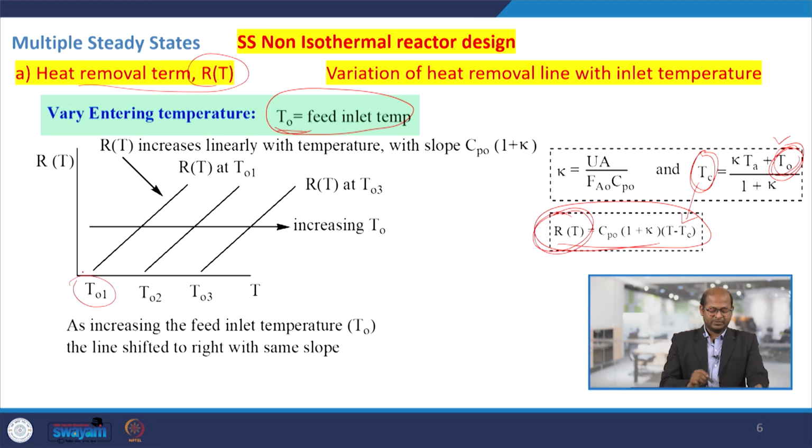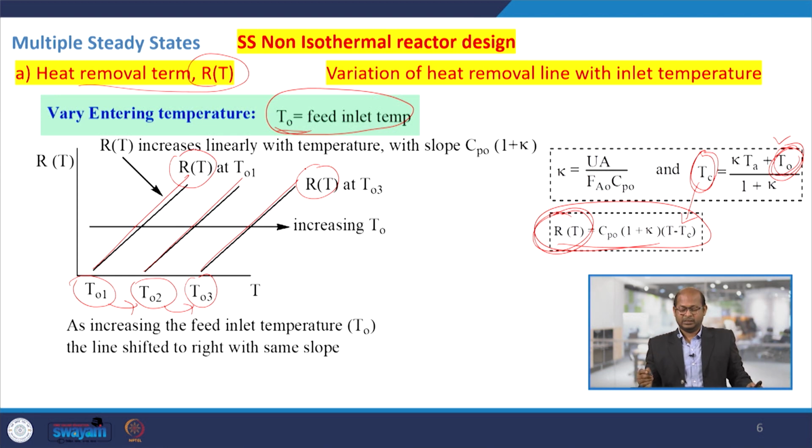So, let us say we started at this temperature, then the heat removal equation would be like this. Once we change the feed inlet temperature from T01 to T02, these lines will shift like this. Similarly, if we increase further to T03, the heat removal line would shift here. So, if we increase T0, the feed inlet temperature, the line shifts towards the right.